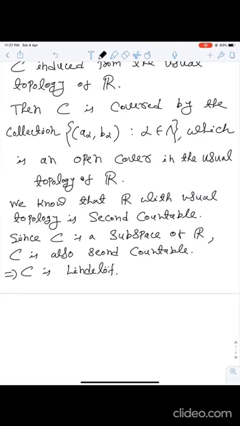That means R is second countable. Now C being a subspace of R is also second countable. Now since second countable implies Lindelof, so C is Lindelof in usual topology.